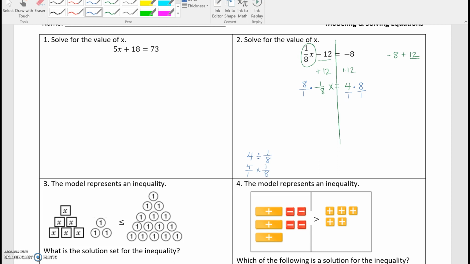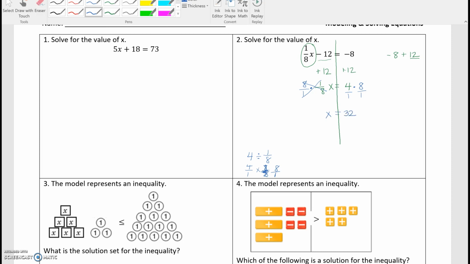It's the same exact thing as we did here. So if you have a fraction with your variable, you're going to multiply times the reciprocal, or the flipped fraction. So these cancel. 4 times 8 is 32.